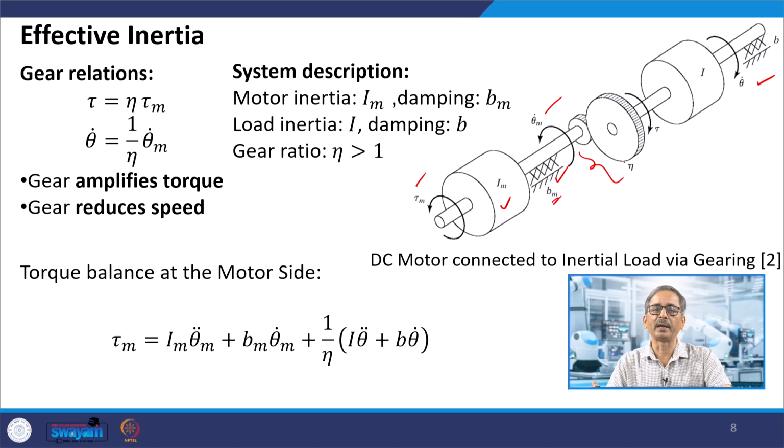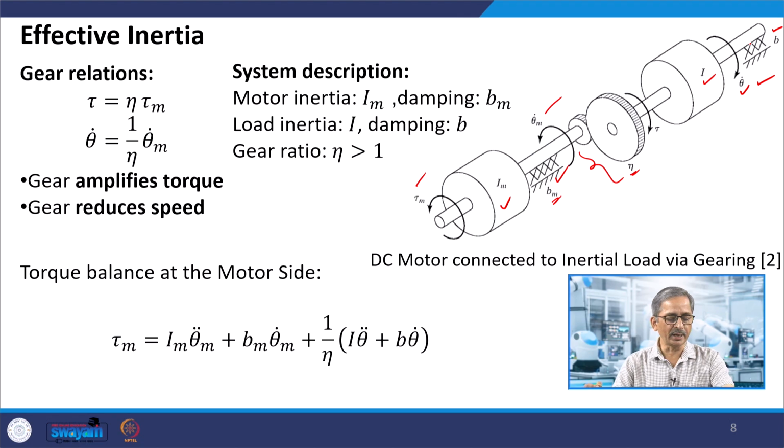Here we have the gearing. Say the gear ratio is eta, and this is driving a load which has inertia I, and velocity theta dot, and of course, some friction present in the system, that is represented by B across the load side.